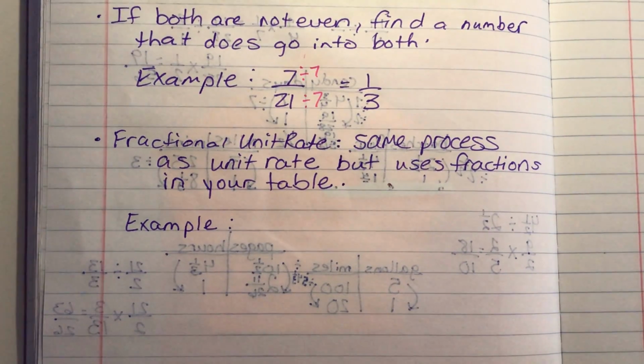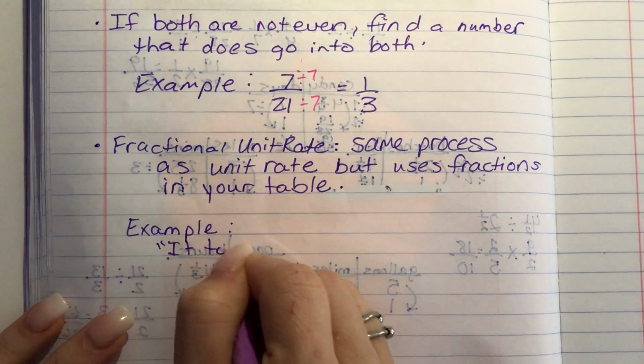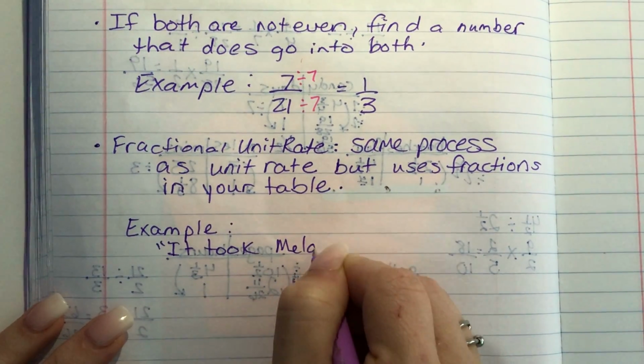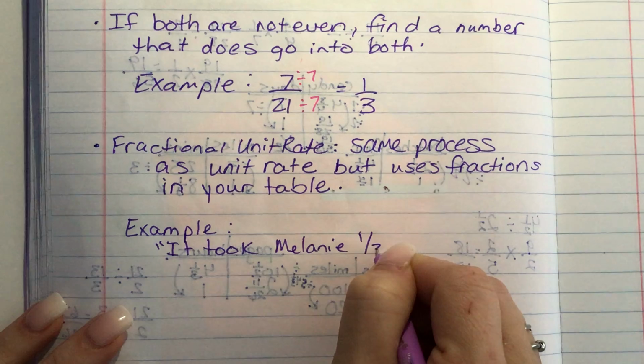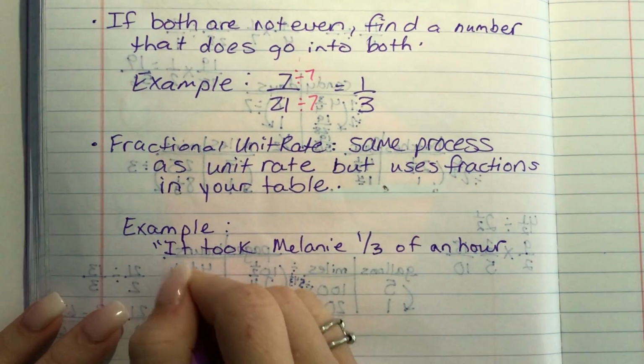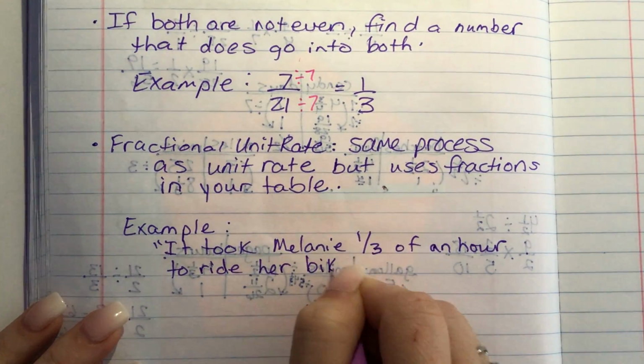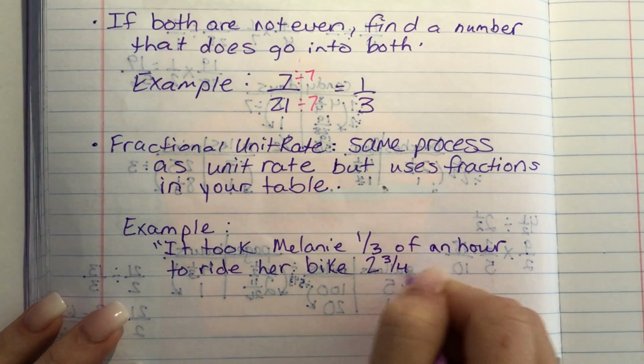All right, I need you guys to copy just one word problem. It is only 2 sentences. I think you can handle that. And then the rest is on our practice, what we're doing today. So I need you to write down, it took Melanie 1/3 of an hour to ride her bike 2 3/4 of a mile.